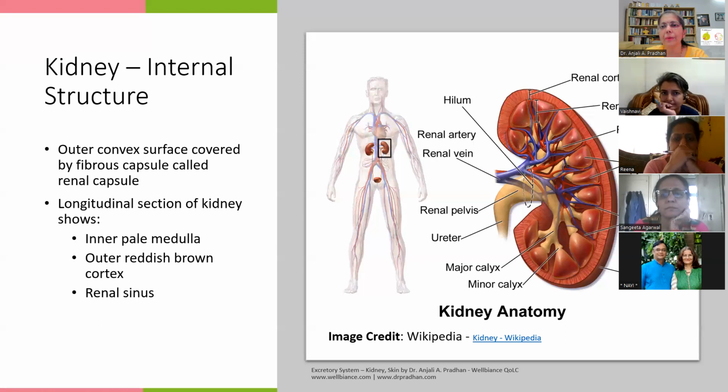मतलब 2-3 renal pyramid का renal papilla एक साथ आ जाता है and they form minor calyx. Okay, this is minor calyx. ये papilla है, this is minor calyx. And वो एक साथ आ जाता है, it combines to form major calyx.